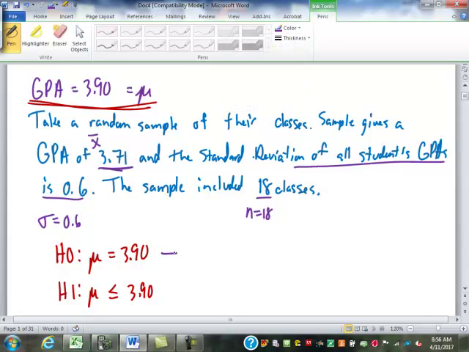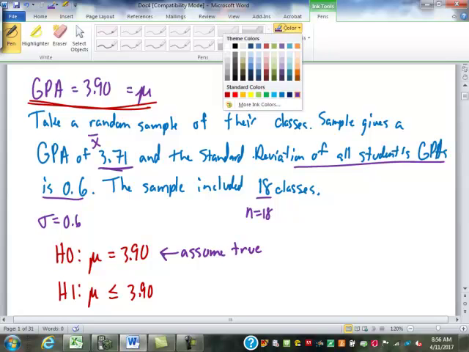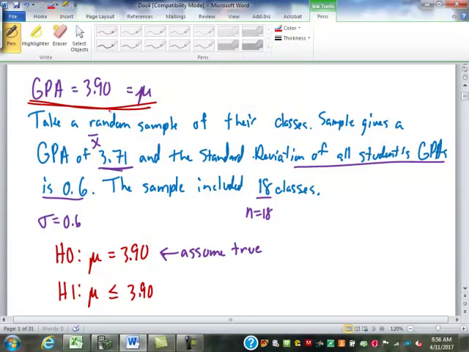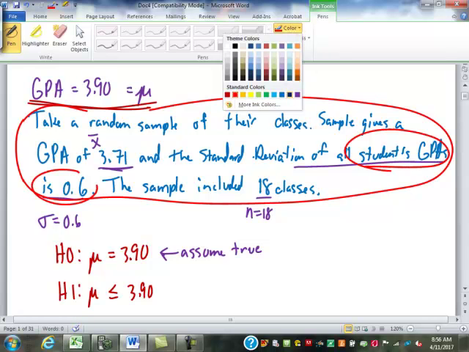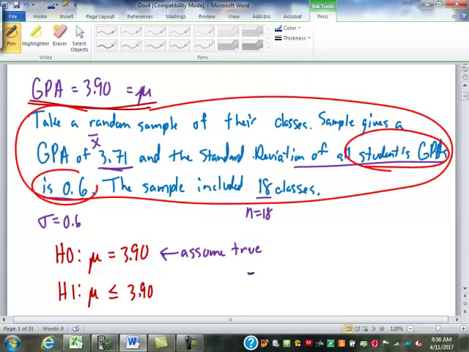Again, this is what we are assuming to be true. Then we gathered this data from this sample. The standard deviation of the population had to be given. Since we're given it, we are doing a z-test, or using a normal distribution.